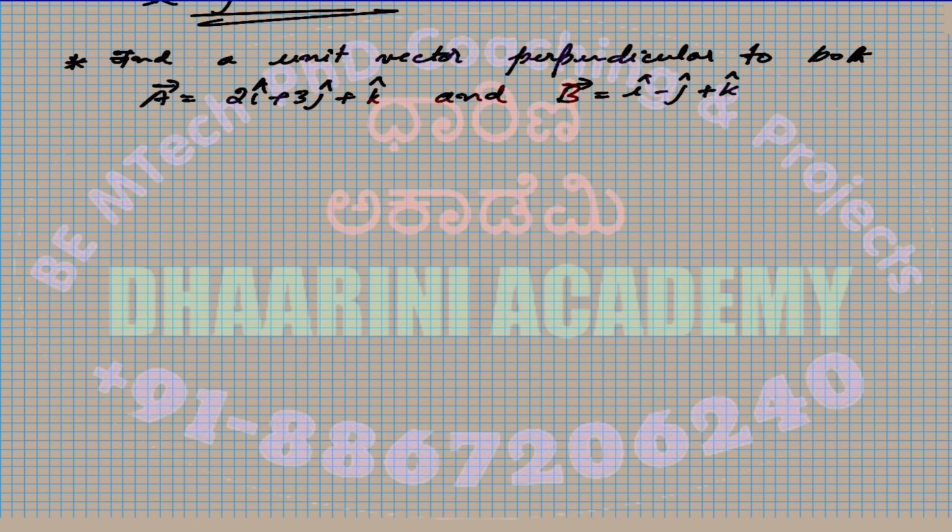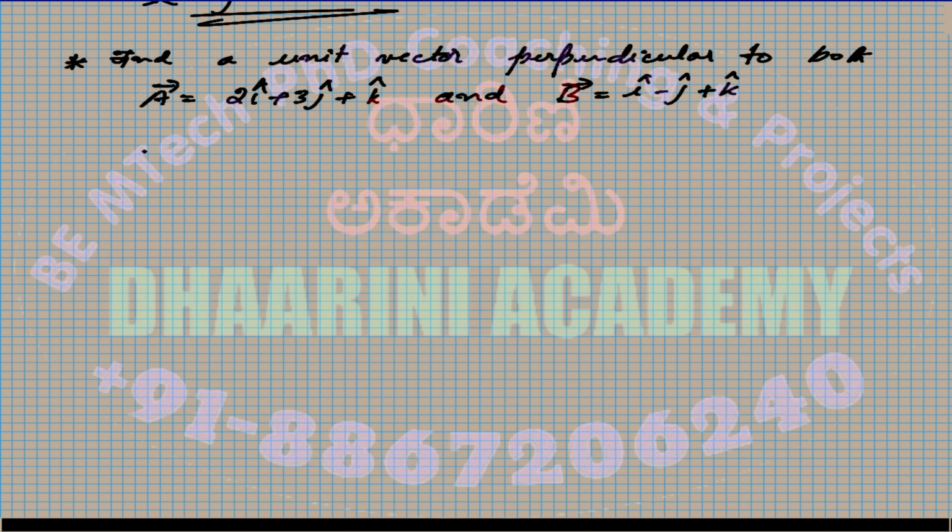Now, the unit vector perpendicular to both, let's call that n cap. To find a unit vector in any direction, it is the vector divided by its magnitude.